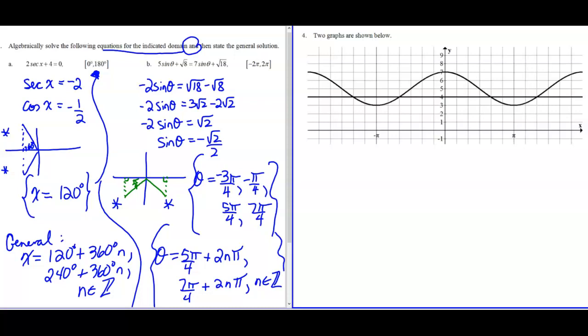It says write a trig equation such that the x-coordinates of the points of intersection are the solutions. So look back at the first question we did. Previously we solved 2 sine theta plus 4 equals 3 by going y1 equals the left side and y2 equals the right side. So now you have 2 graphs. Left side will be one of those graphs, the right side will be the other graph.